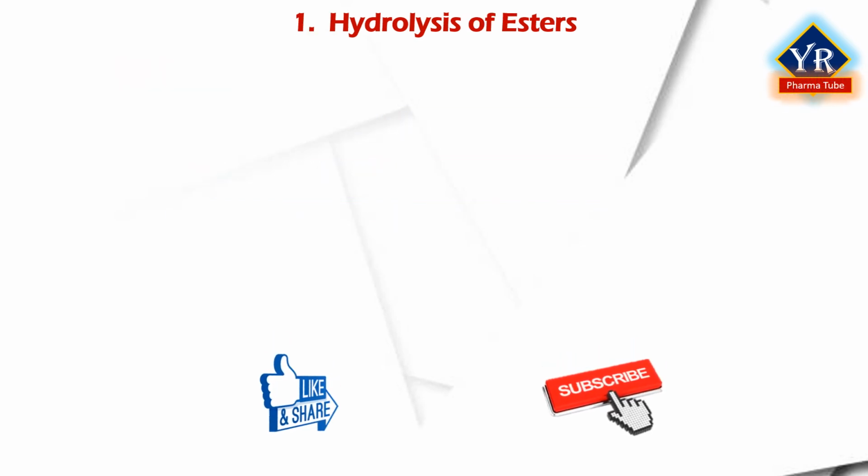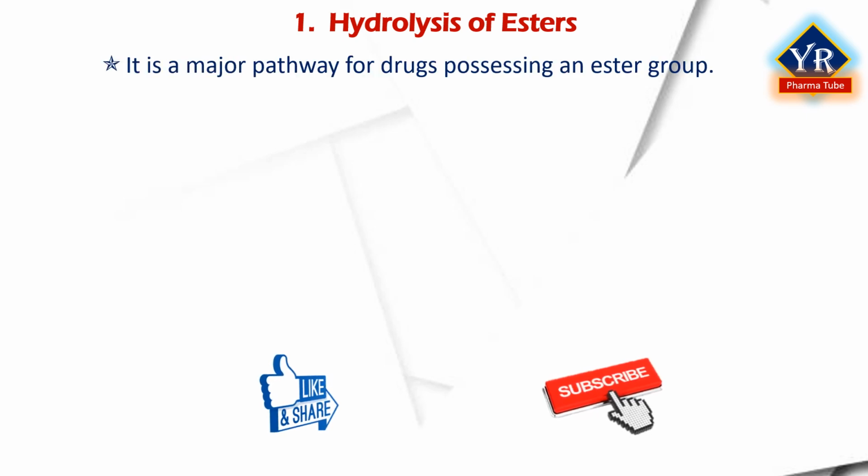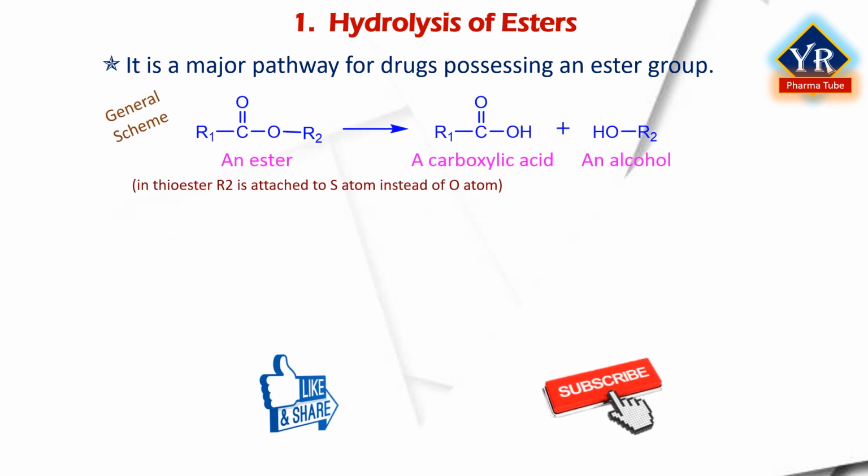Number 1, hydrolysis of esters. Hydrolysis is a major biotransformation pathway for drugs containing an ester functionality. This is because of the relative ease of hydrolyzing the ester linkage. The general scheme for hydrolysis of esters is illustrated in the figure.